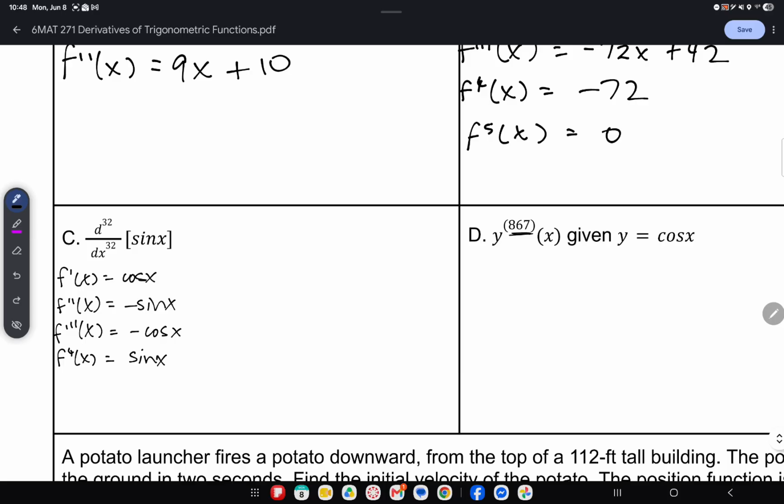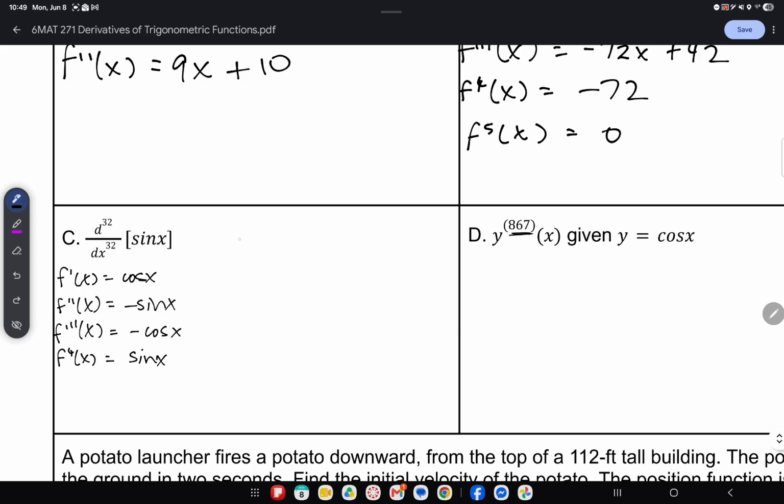So we have something interesting going on, because then the cycle is just going to repeat, okay? All right. So notice, it repeats every 4.